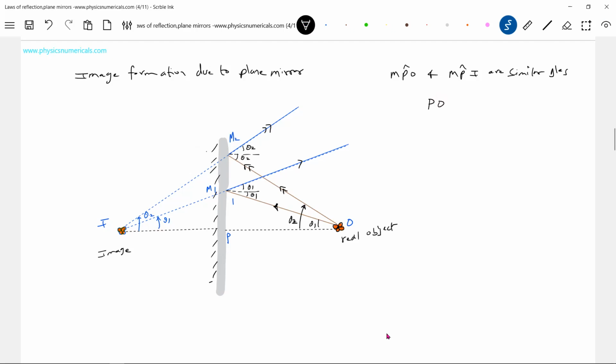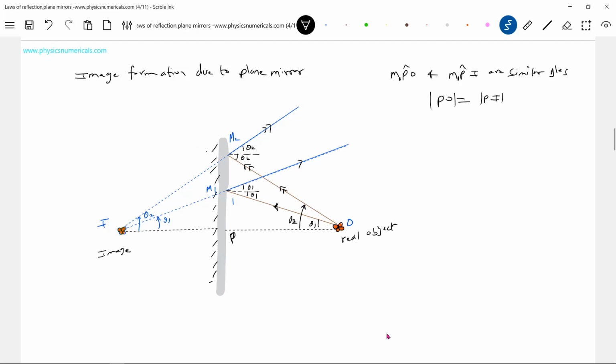And because of that, what I can write, in the books they took M. Okay, let me write PO only. So therefore we can write PO is equal to PI.